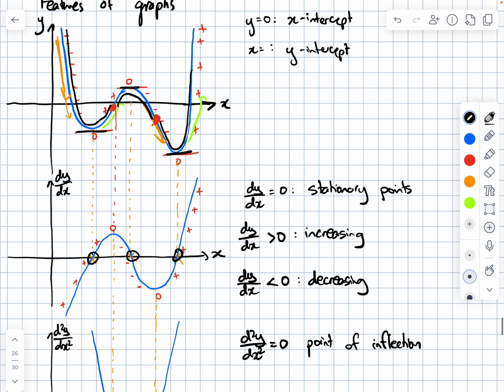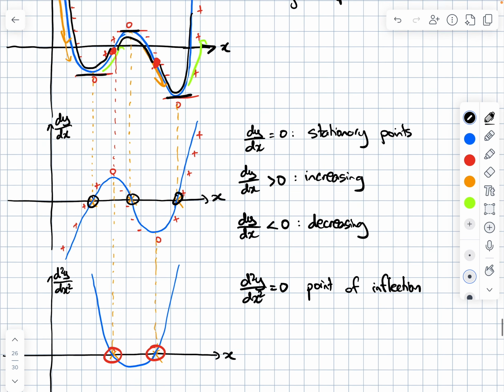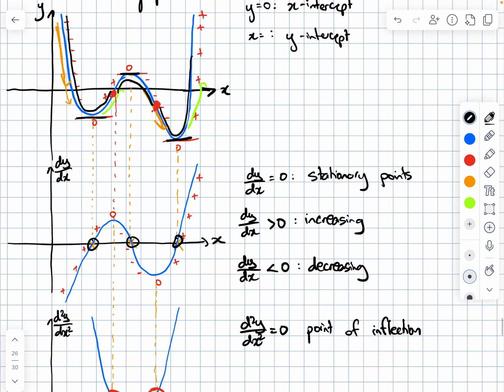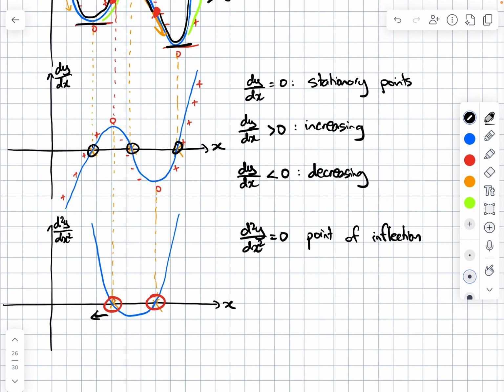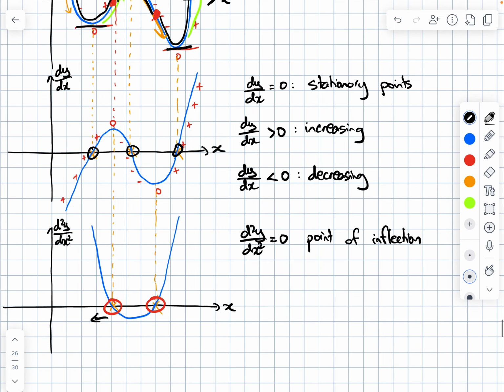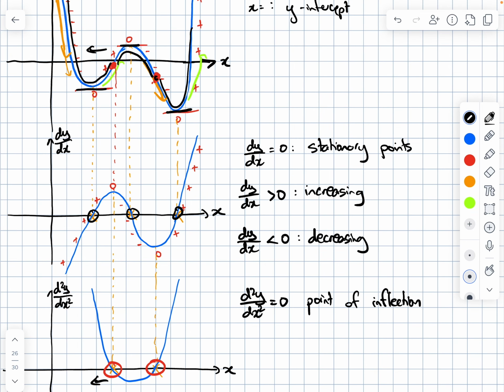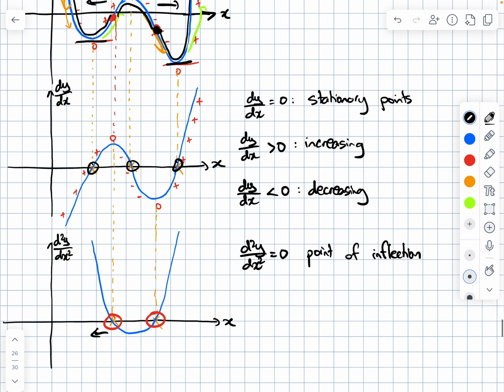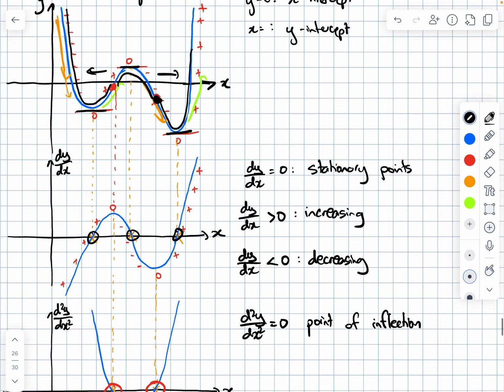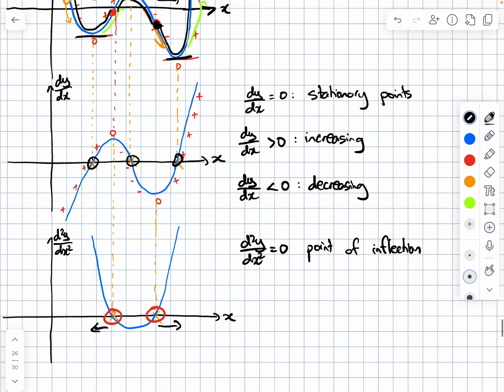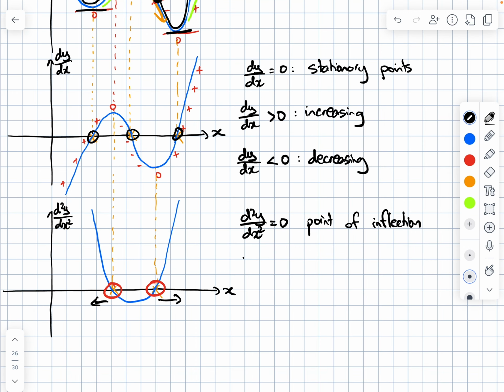Looking at the second derivative graph, on the left hand side of this first point of inflection, our second derivative is greater than 0. And again, the second point of inflection on the right hand side, when the concavity is positive, again we have it being greater than 0. And when the concavity is negative, which is between our points of inflection in this question, the second derivative is less than 0.